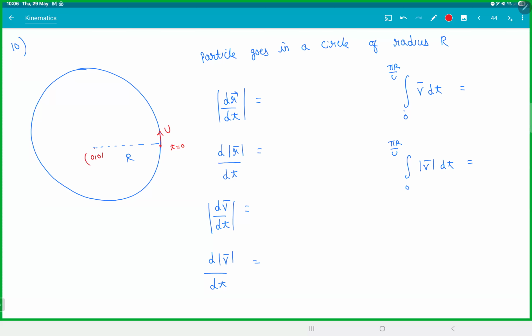So we are playing with the mod. Put the mod outside, put the mod inside, the whole thing gets messed up. So particle is going in the circle of radius r. Find the mod of dr by dt, d mod r by dt, dv by dt, d mod v by dt, integral v dt, integral mod v dt. I can put a mod here also, since you're playing with mods. Meaning this is a pretty nice one. Most people will think this is velocity, d mod r by dt.